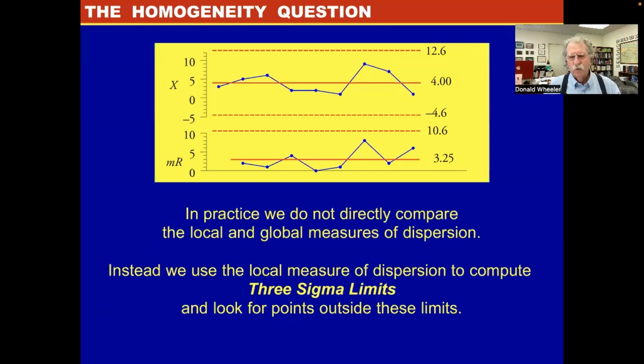Instead, we use the local measure of dispersion to compute 3 sigma limits and look for points outside these limits. Notice 3 sigma is not the same as 3 standard deviations here. I'm using the words in a very precise way.